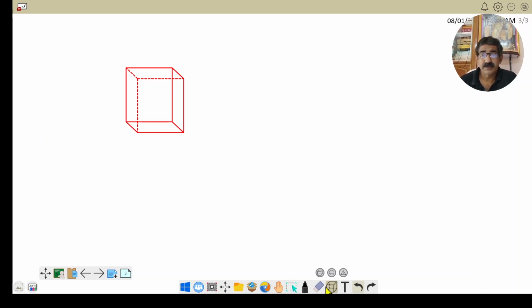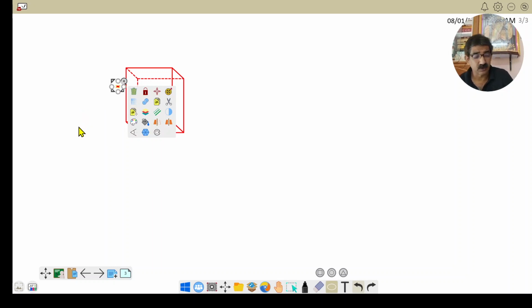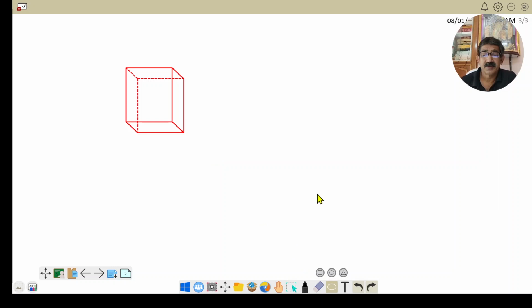And the bullet that you are throwing is coming from this side. Suppose this is the bullet. Other colors should be suitable to distinguish the bullet from the plank. So this is the bullet.